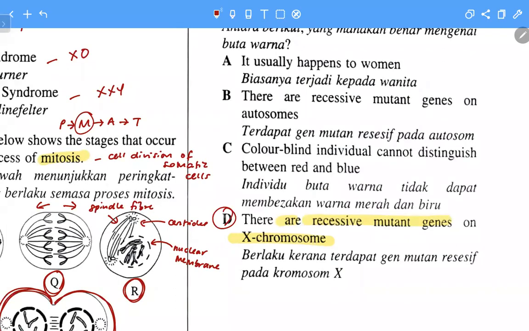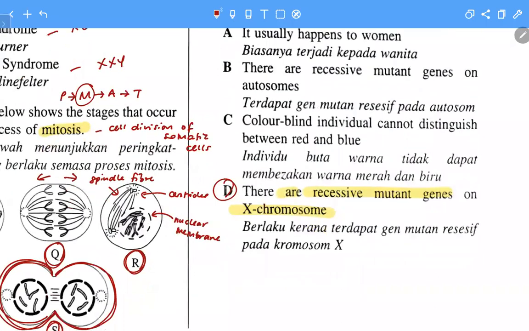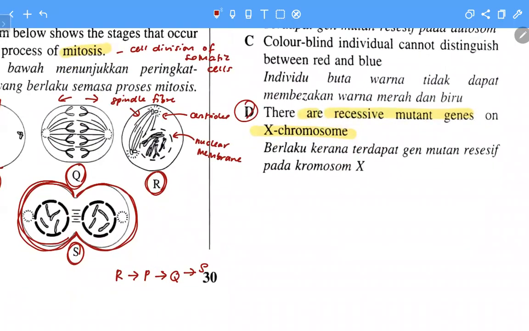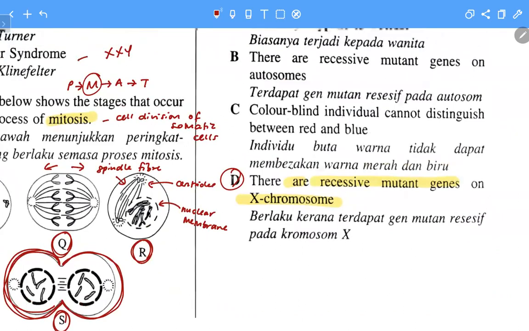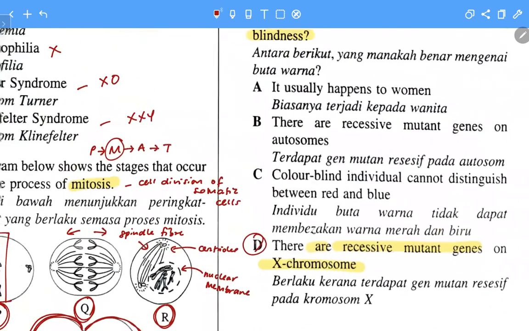If the individual is a guy and he receives the X chromosome with the recessive gene, then he will be colorblind. For women, they have 2 copies of the X chromosome, so they must have both recessive genes to get it. So it is more common in guys compared to girls. That's why A is wrong.